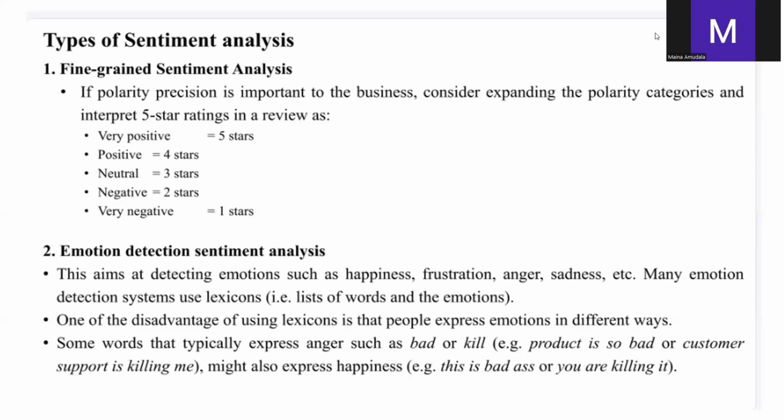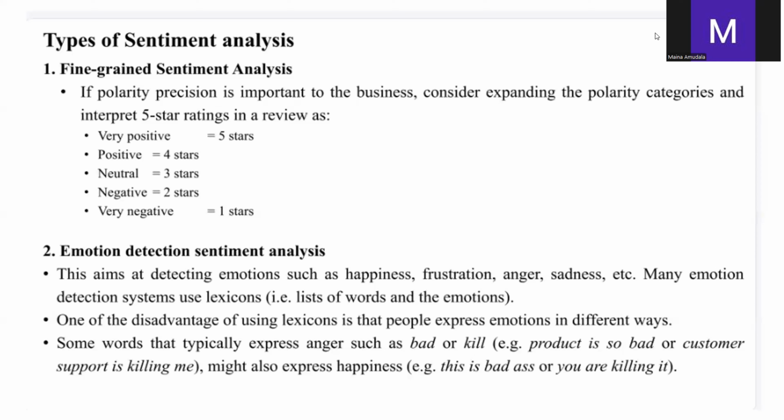This is based on scaling, and we can also use 10 ratings, 5 ratings, or 3 ratings.